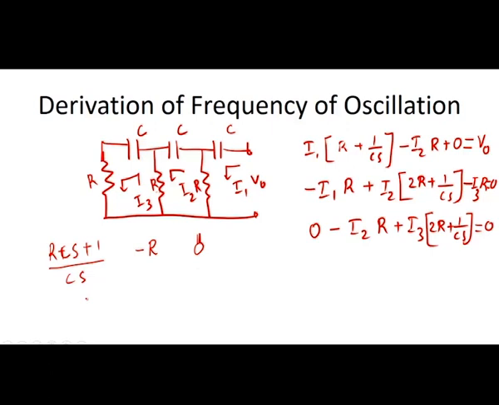And for the next equation, I1 is minus R, I2 is 2RCs plus 1 by Cs, and for I3 it is minus R. And for the last equation, I1 is 0, I2 is minus R, I3 is 2RCs plus 1 by Cs.